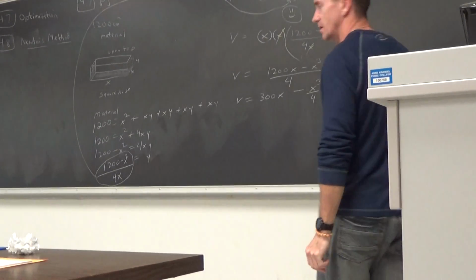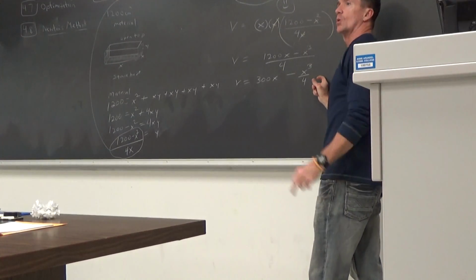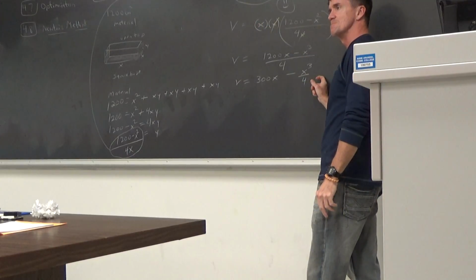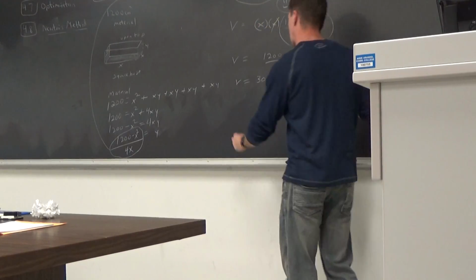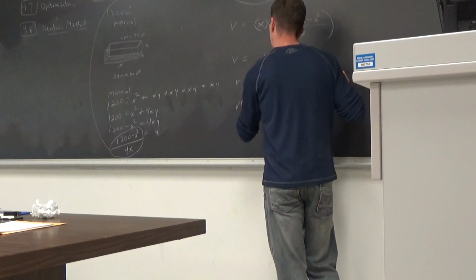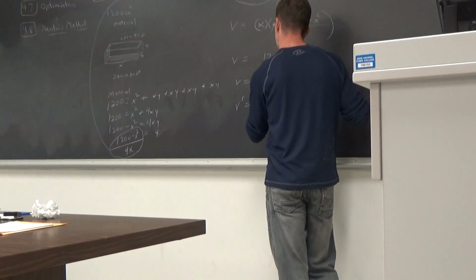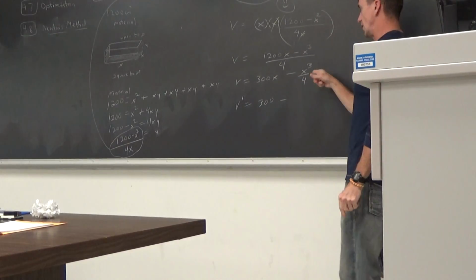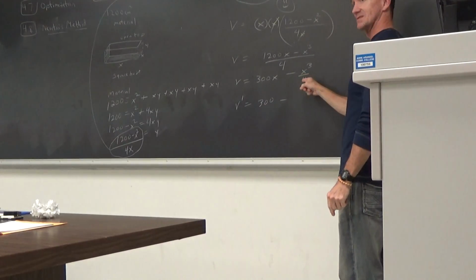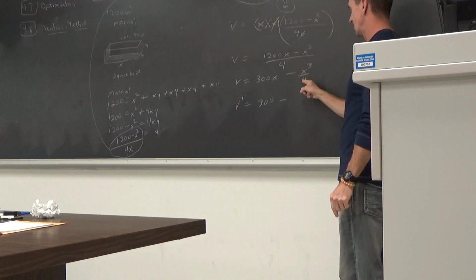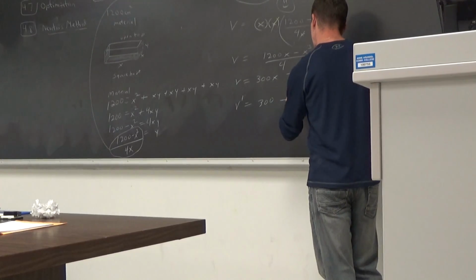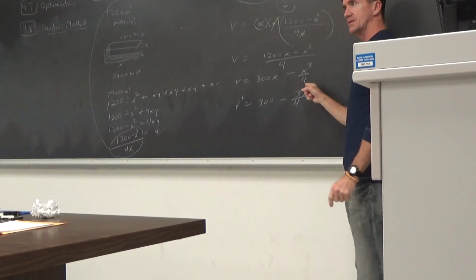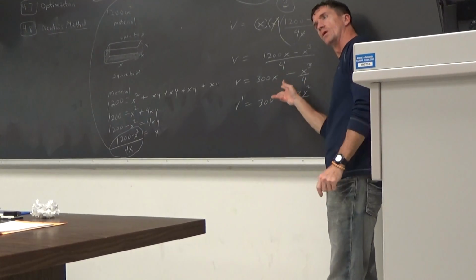Now we do what? Do I set this equal to 0 or do I differentiate then set it? Differentiate, right? Take the derivative, then set it equal to 0. What's that derivative? 300 minus 3x squared over 4. Remember, we don't need the quotient rule here, that 4 underneath is like a constant, like a 1/4 in front.